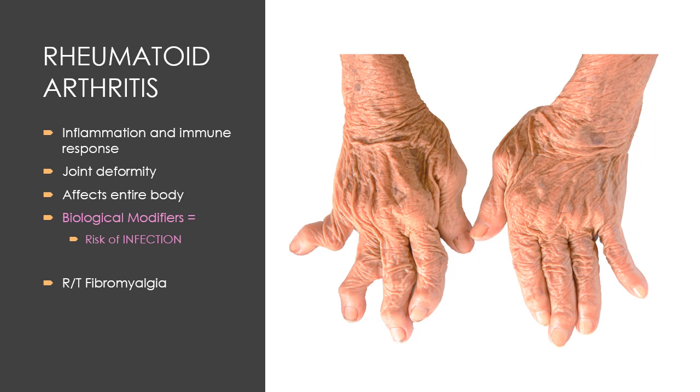When the body is constantly at war with itself, it does not have adequate resources to fight off invading pathogens. Patients with autoimmune disorders are inherently at increased risk for infection. Additionally, most autoimmune diseases are treated with immunosuppressant agents, which deplete the immune system even further.